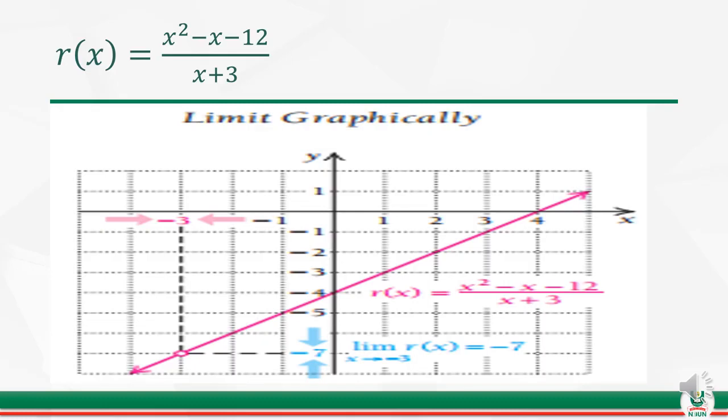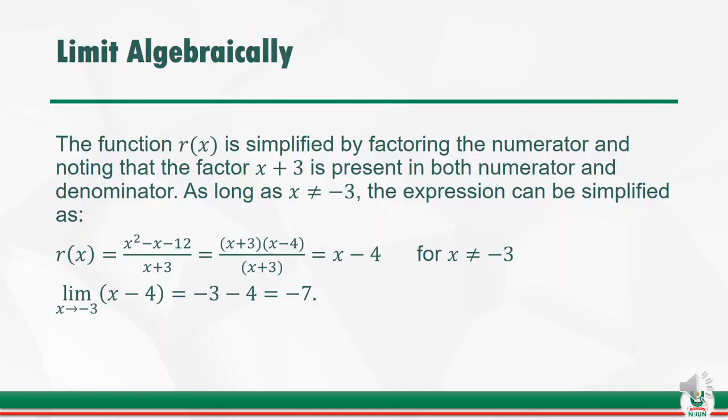Let's move on to algebraic. We have the algebraic form of it, and we call it the limit algebraically. The function r of s is simplified by factorizing the numerator, noting that the factor s plus 3 is present in both numerator and denominator.